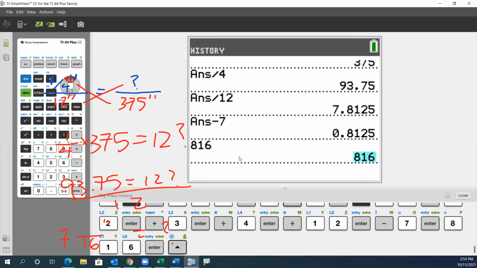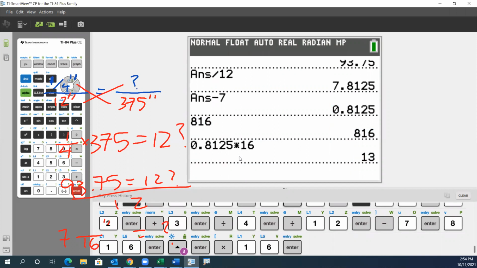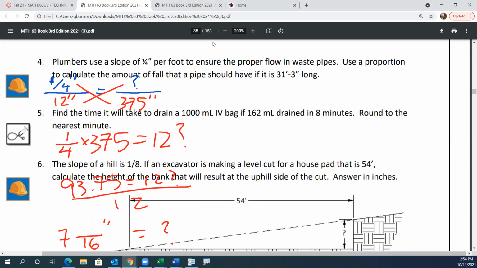And I get 13. Wow, exactly. That's rare. So that would be 13/16 of an inch. They didn't ask me to do this part, but I thought it'd be good practice for us. So that is how far it has to drop from the start to the stop of that 31 1/4 foot pipe.